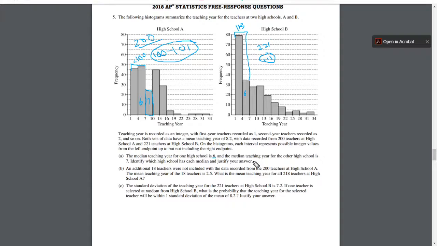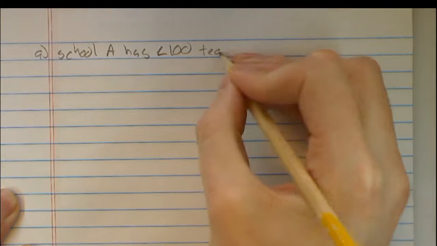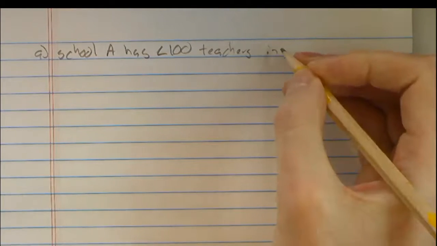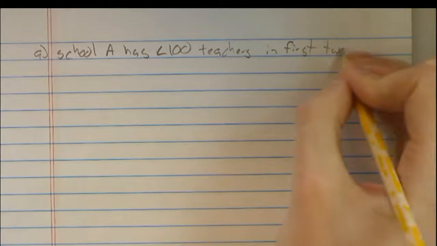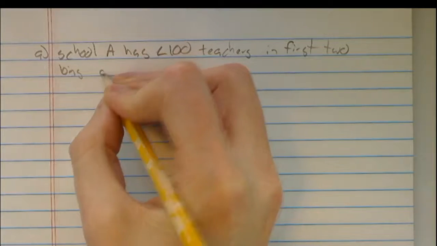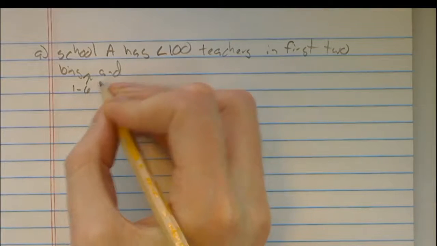No, actually you can't, because you won't be able to print anything out. So, all right. Here's how I would write that up, then. Let's try that. School A has less than 100 teachers in the first 2 bins, 1 to 6 combined.